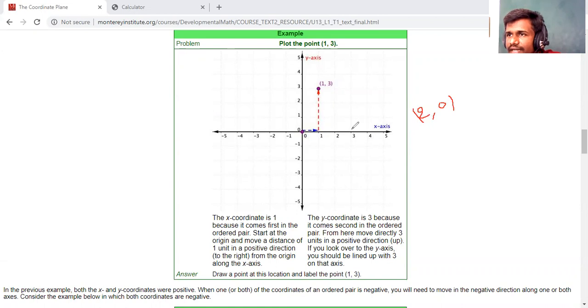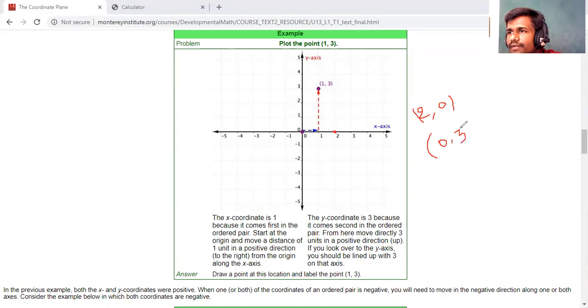Look at the x-axis, where is the point 2? This is 2. Now the y value is 0, here. That particular point is (2, 0). This is nothing but a point on the x-axis.